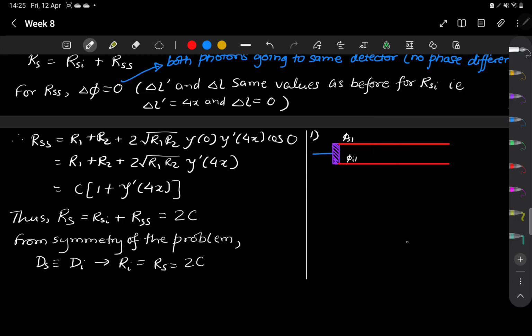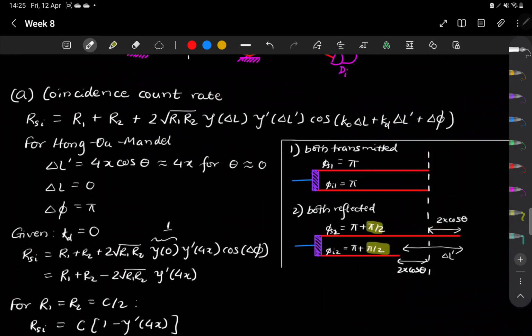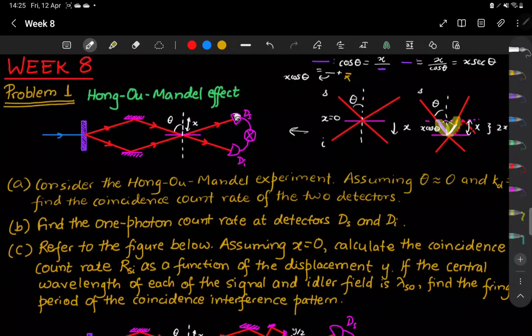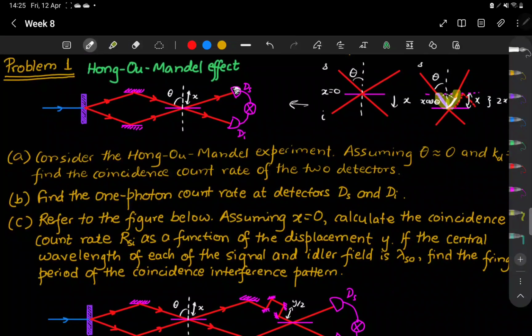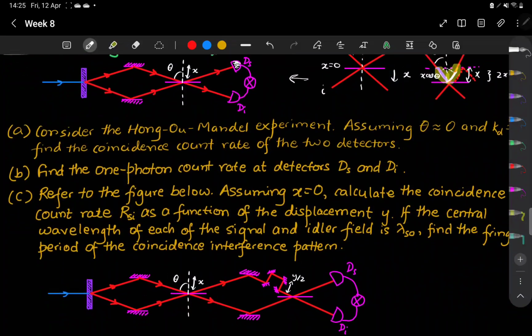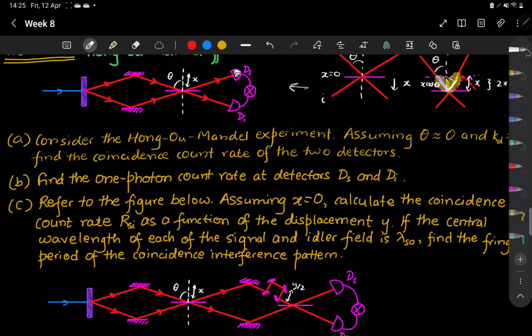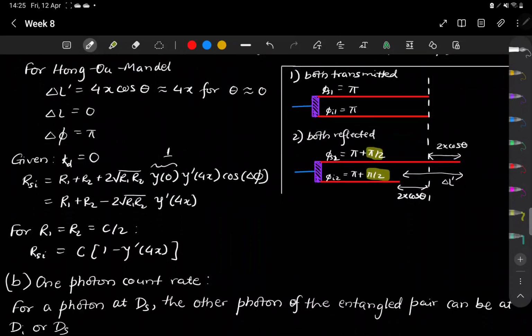And now this is the balance position, but because of the x displacement of the beam splitter, the signal which is being transmitted, that path will change.